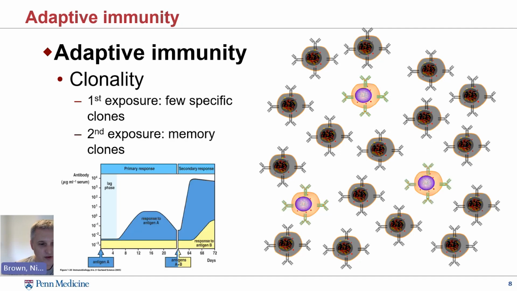But after you have been exposed, these cells will clonally expand. So this one cell here will expand into many clones, many copies of that same cell. And so at the second exposure, you have significantly more of these cells that are specific for that virus.